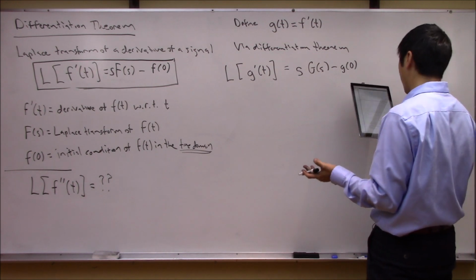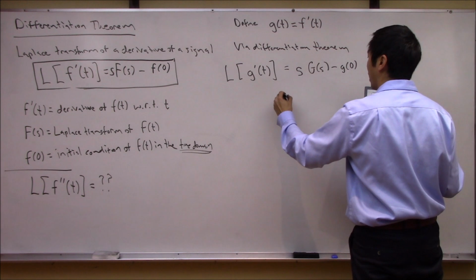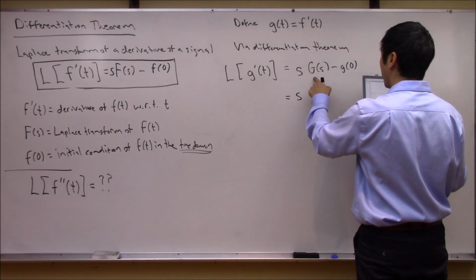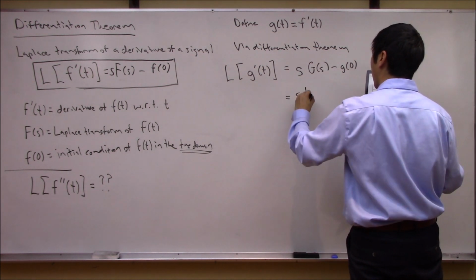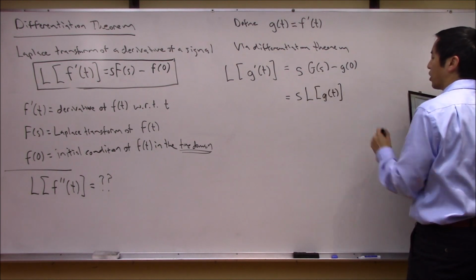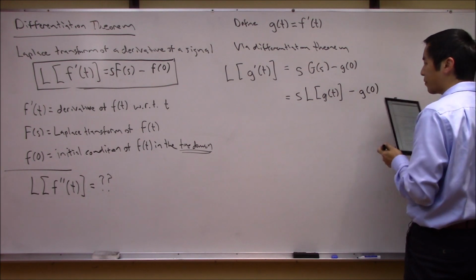Well, this is not that bad at all because let's just start substituting some of these things into the left-hand side. So now we have s times, what is g of s? This is the Laplace transform of g of t, right? Isn't that shorthand notation for what g of s is? Minus g0, right?